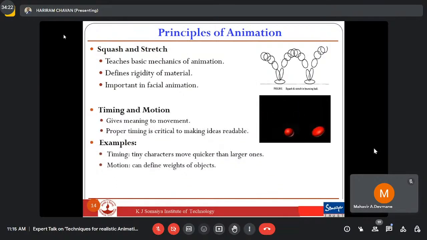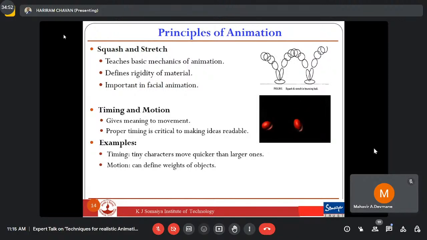Suppose a particular computer primitive has been given, for example, a square or rectangle, because it gives you a different impact.